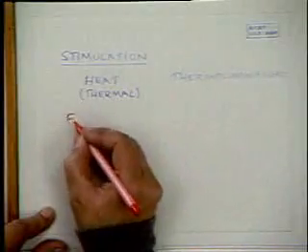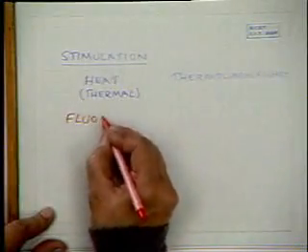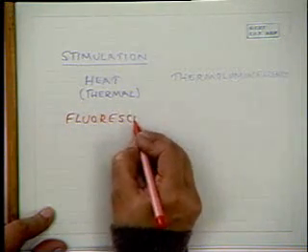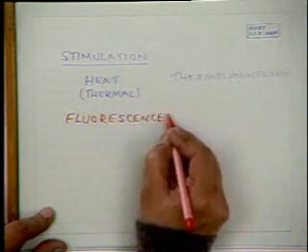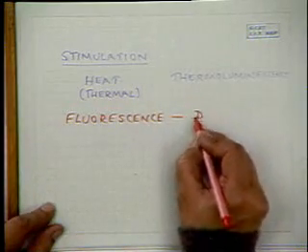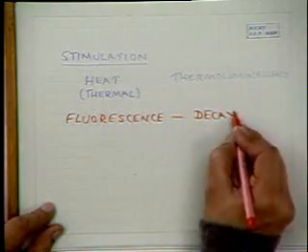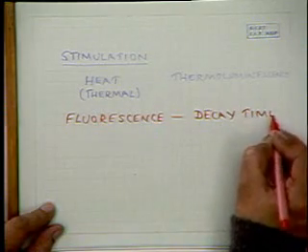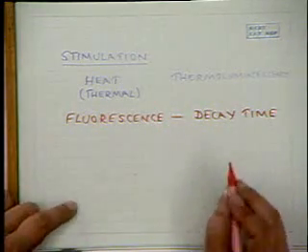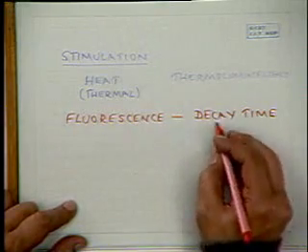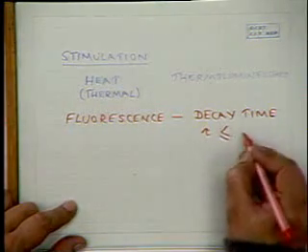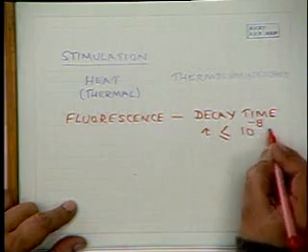Now, luminescence is a general phenomenon which was historically divided into fluorescence and phosphorescence. The distinction is quite simple. Fluorescence occurs when the decay time of the luminescence after the cessation of the excitation is typically less than 10 to the power minus 8 seconds.